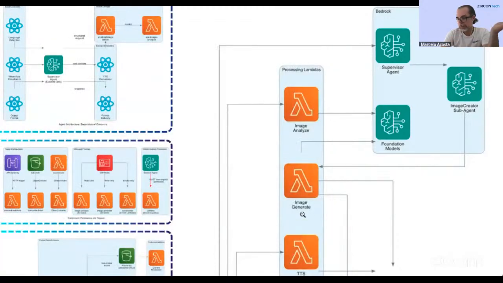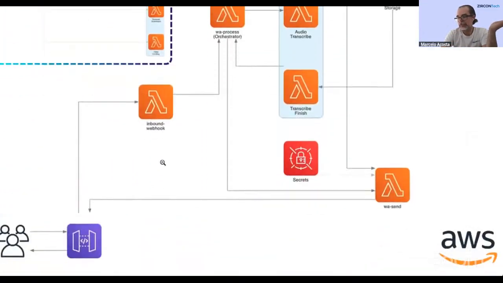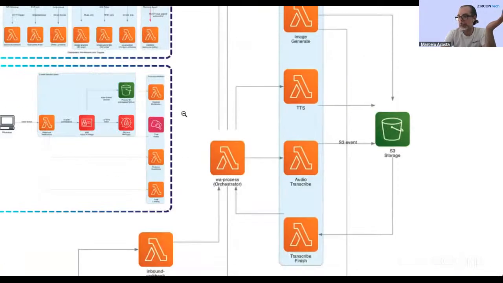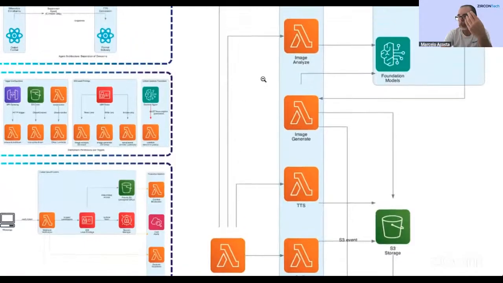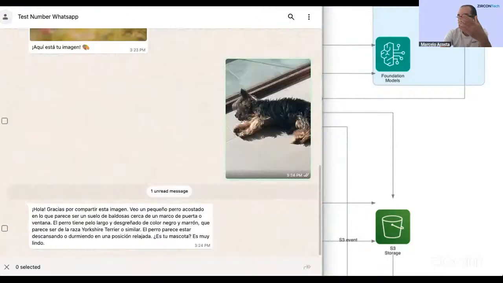What's happening behind the curtain here is this picture is stored in S3 and then it is processed, and we are not using agents here. We are analyzing the image and getting back a response. Again, the response is in Spanish, and it describes the small dog laying there, enjoying the sun.